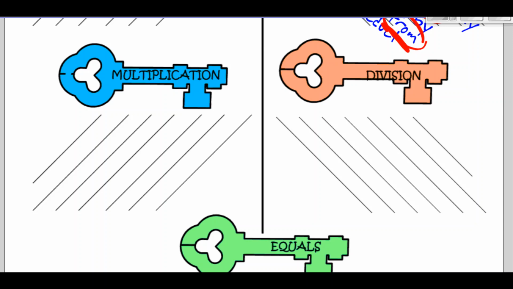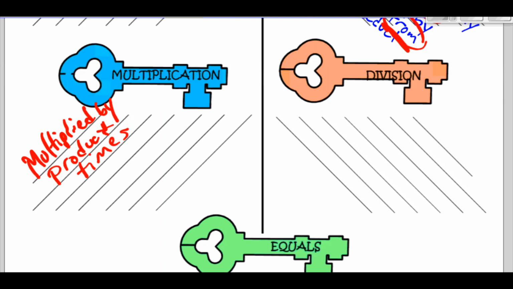For multiplication, we could just see multiply by. We can see the mathy word of product. We can see the really simple word of just times. Then we have specific ones.